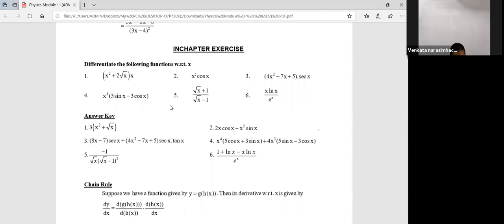Don't type in the chat box to the host. I'll not be able to read on my screen. Also, I have got this booklet.